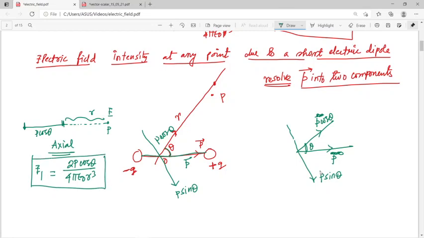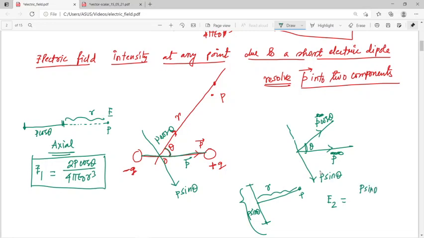Now if we consider the sine component, this is the p sine theta component, this is the dipole, and you are finding the field at point P. This is the same as the electric field at the perpendicular, broadside or equatorial position.